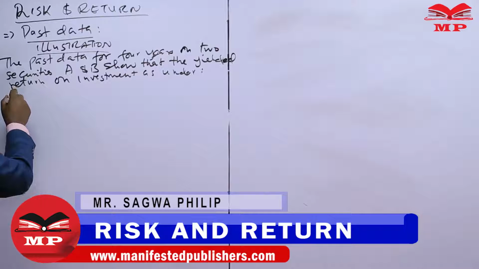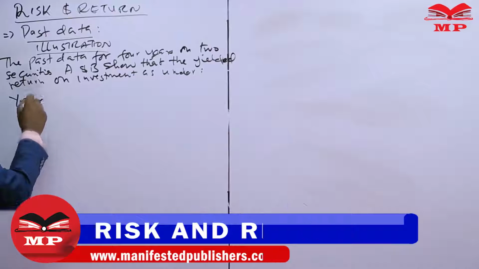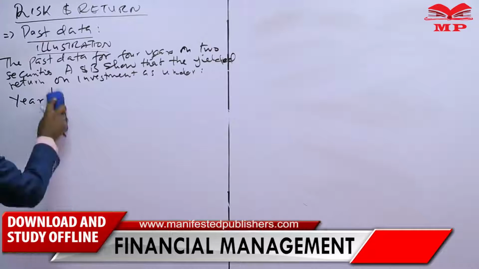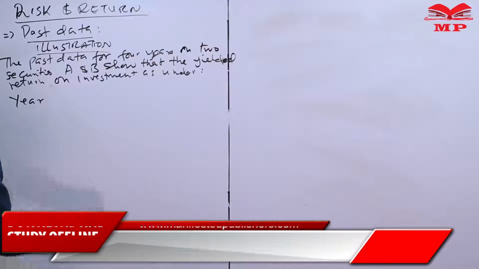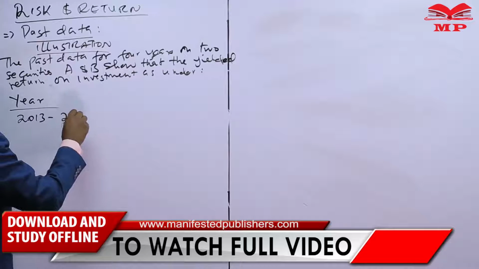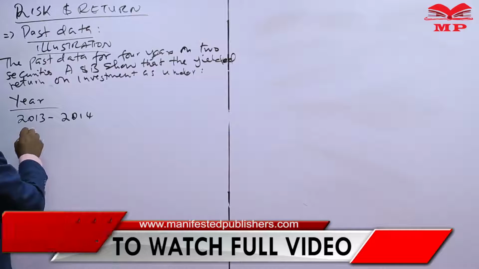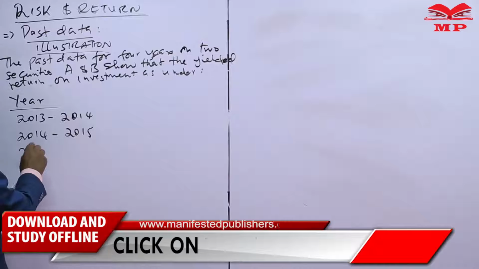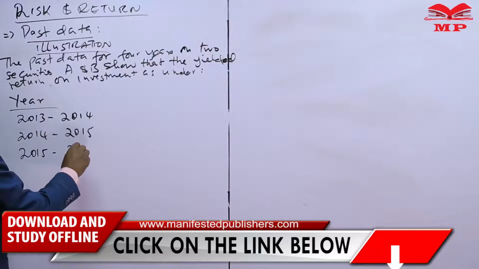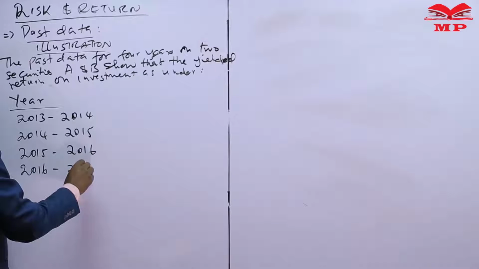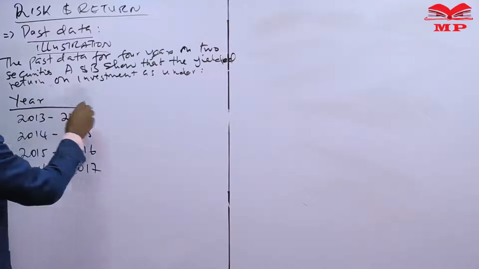So we can have here column for the year. These are 4 years. You can say from 2013 to 2014, 2014 to 2015, 2015 to 2016, 2016 to 2017. These are the years.